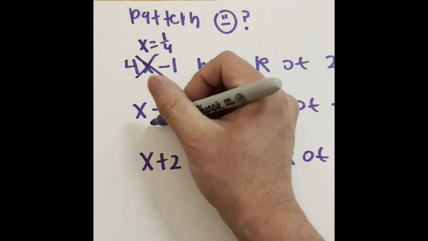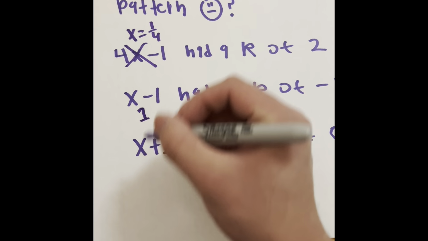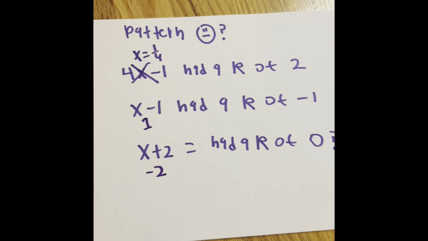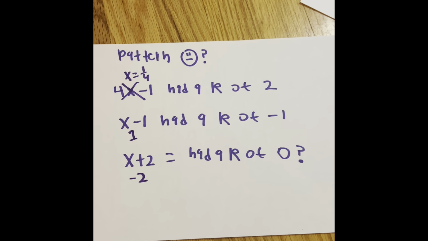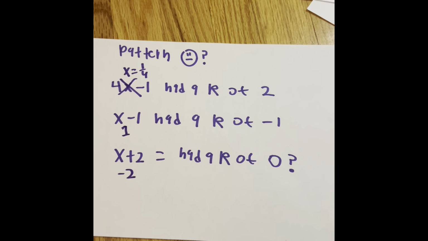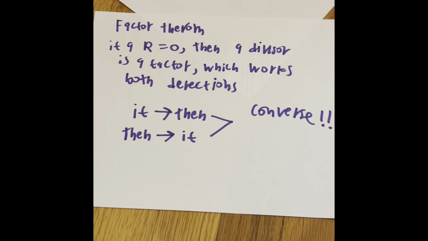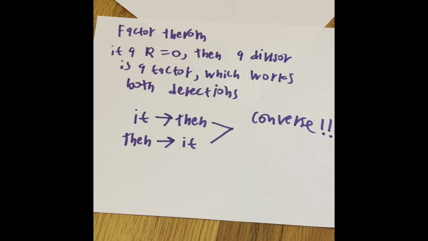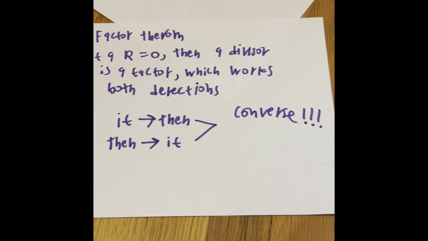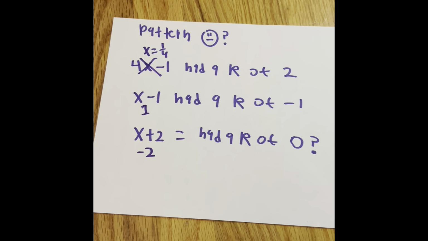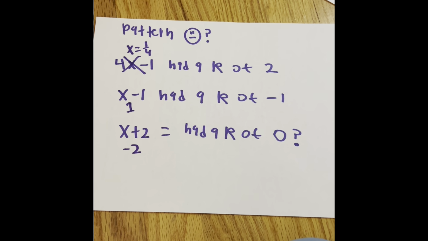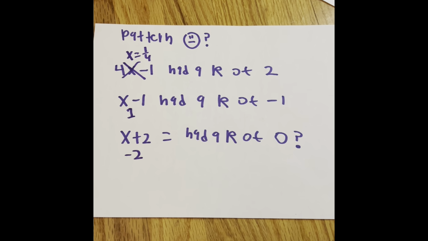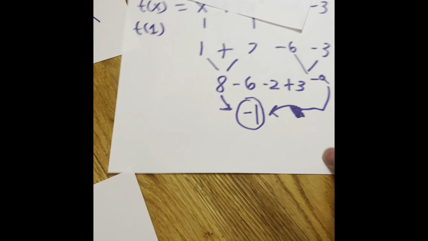So in reality, we inserted positive 1, and we inserted negative 2 as opposites before we put them into the equation. But wait, going back to the theorem right over here, if a remainder is 0, then the divisor is also a factor, which can be worked in both directions. So right over here, what is a perfect factor of the problem that we had? Is it number 1 right here?